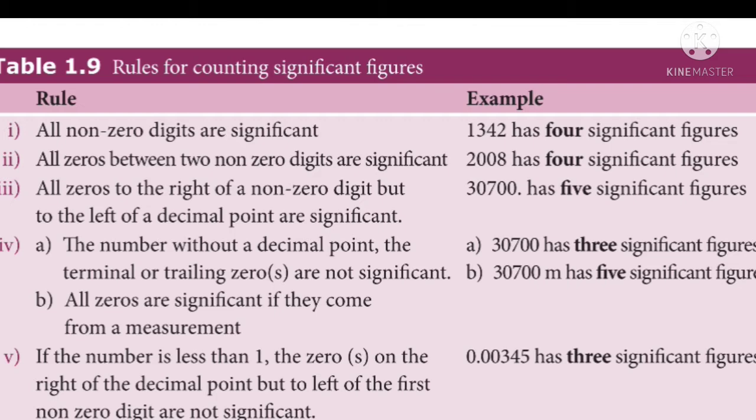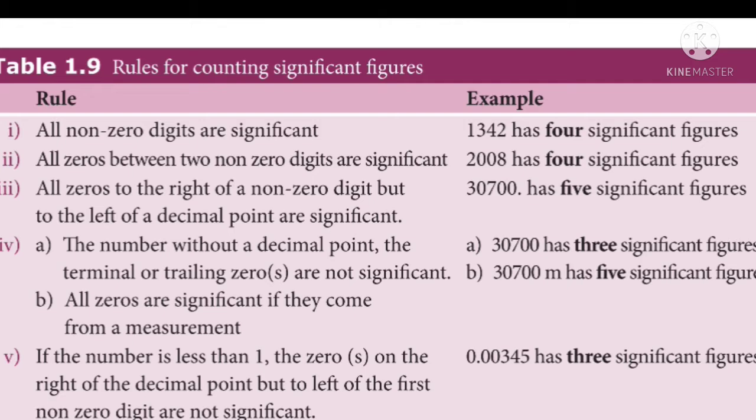All the numbers, even if it is 0, are also considered significant figures when they lie on the left-hand side of the decimal point. So all the numbers 3, 0, 7, 0, 0 are considered significant figures. So this number has 5 significant figures.